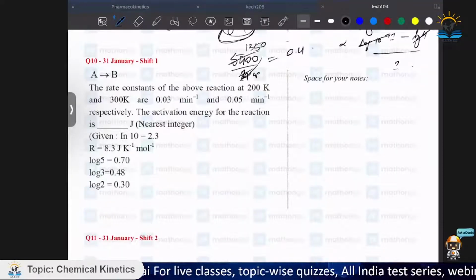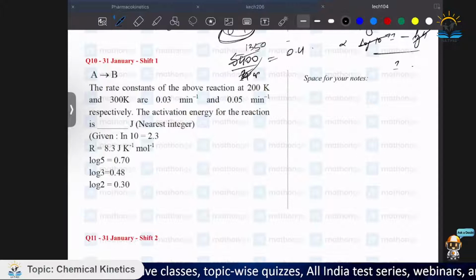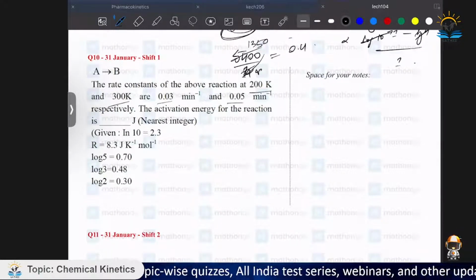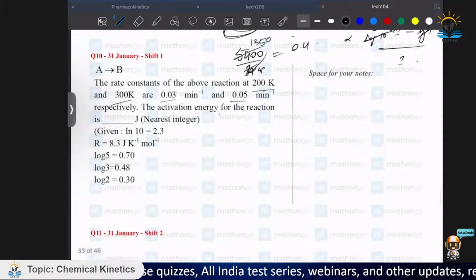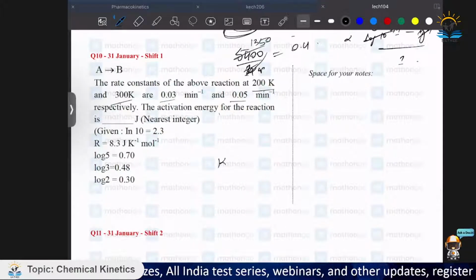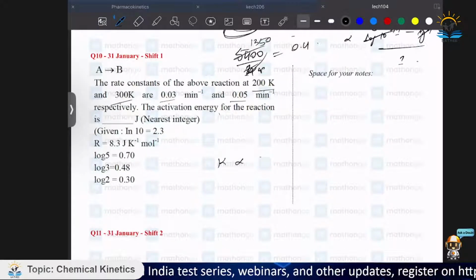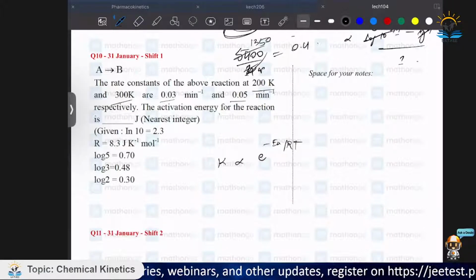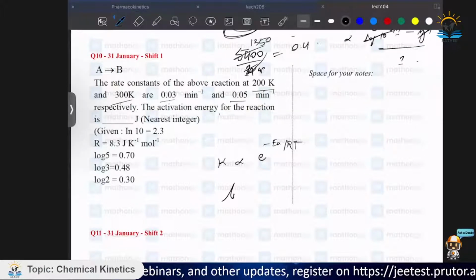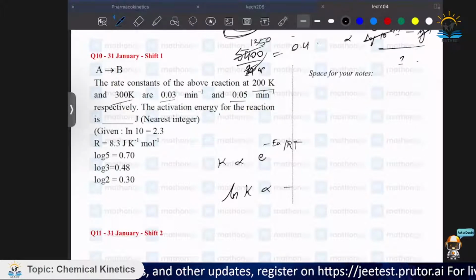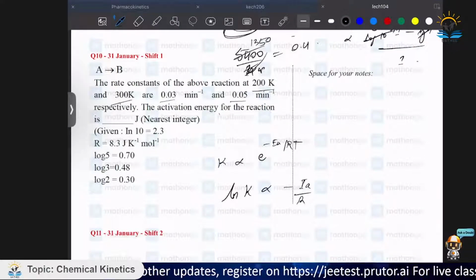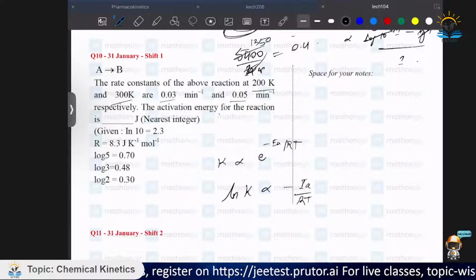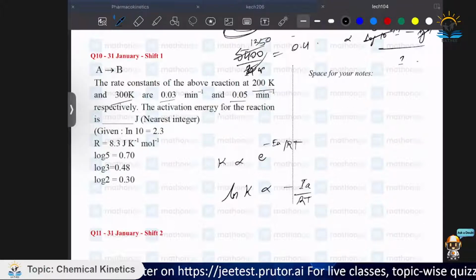Next, the rate constants of the above reaction at 200 and 300 Kelvin are given, find the activation energy. So rate constant is proportional to e to the power minus Ea by RT. Okay, so ln k is proportional to minus Ea by RT. Let's assume they have given rate constants.